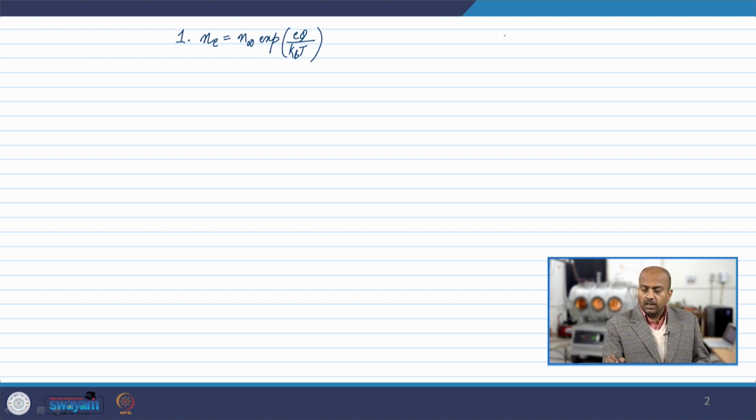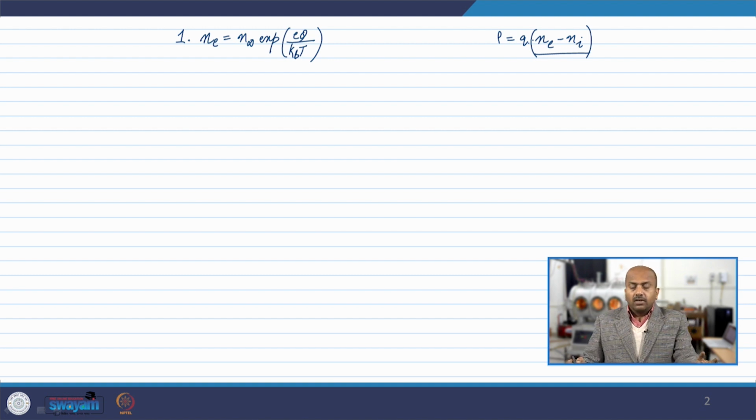And the charge density that results inside the Debye sphere is basically due to the difference of number of electrons and number of ions, right? So, this is the charge density, right? Number of electrons are larger within the Debye sphere because they are attracted towards the positive charge, and all of them are within this sphere whose radius is lambda d, right.